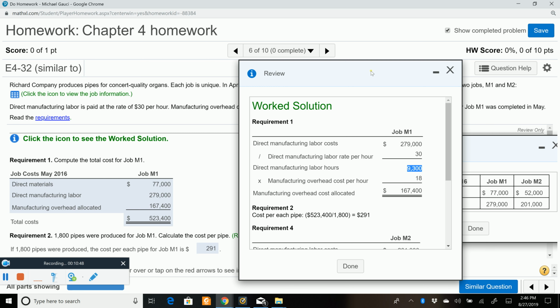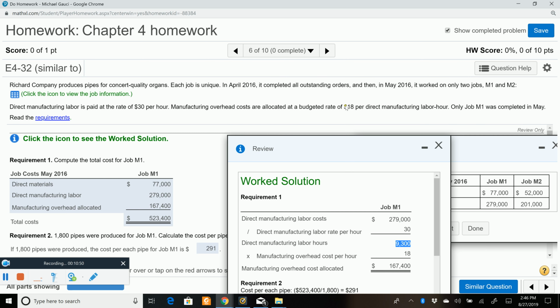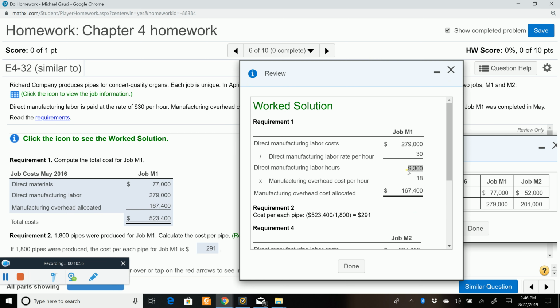The author is also telling us that our predetermined overhead rate to allocate overhead, and I'm circling it here, is $18 per hour. So if I take 9,300 hours, actual hours worked, times 18, I get 167,400 would be the amount of overhead that I am allocating to the WIP account.